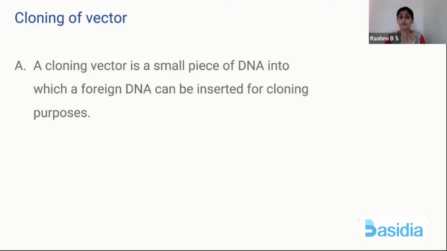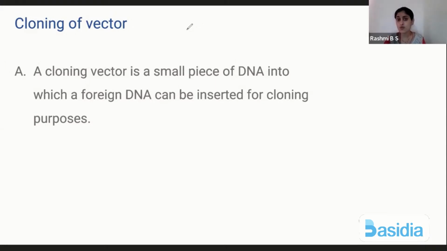Yes, children. Now we are going to start a little more exploration about vectors. Cloning of vector. What is a cloning vector? A cloning vector is a vehicle that carries your foreign DNA and delivers it to a host cell.